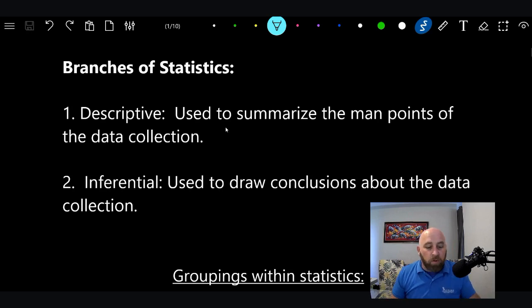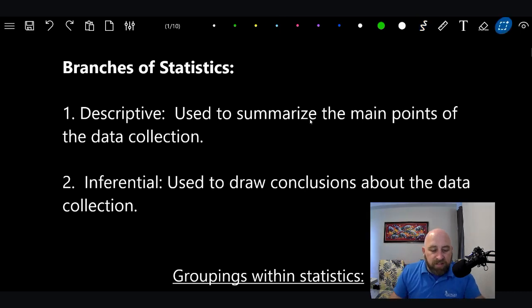All right, what are some branches of statistics? There's really only two branches of statistics. The first branch is descriptive statistics. Descriptive statistics are used to summarize the main point of the data collection. Let's use temperatures. You have collected the average temperatures for a city during a certain month.